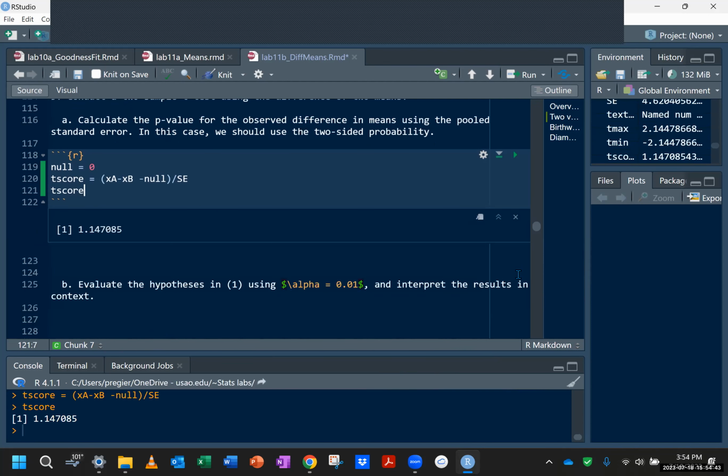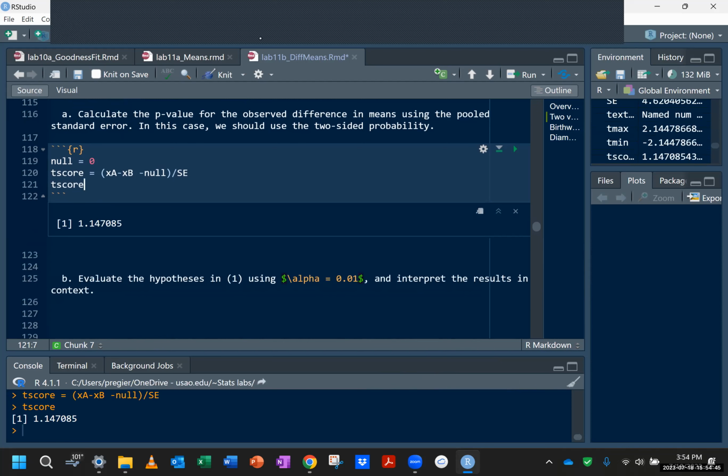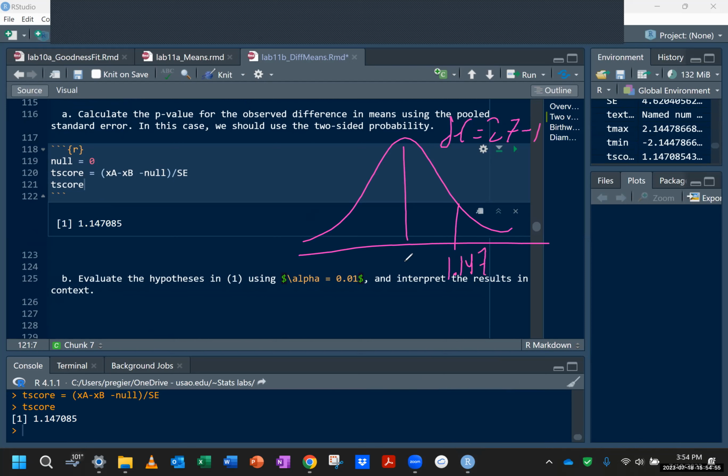This test statistic falls on our t distribution with degrees of freedom 27 minus 1. We observed 1.147. And so we want to find the probability of it being outside 1.147 and negative 1.147, the two-sided probabilities.